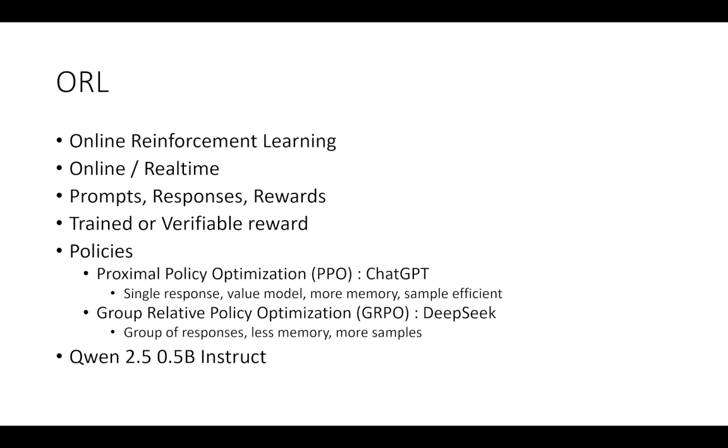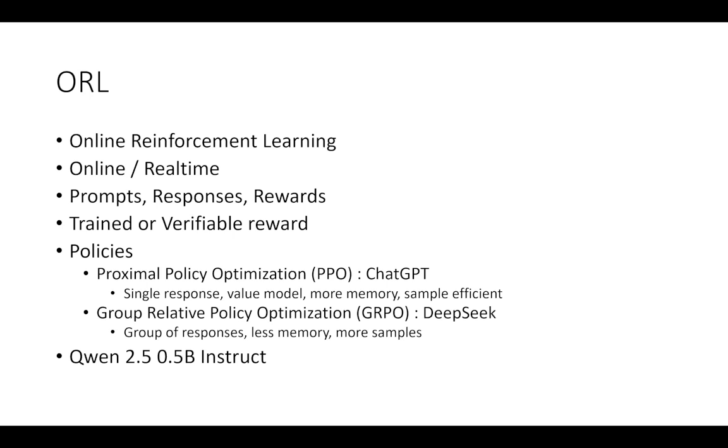There are two types of policies. One is called proximal policy optimization (PPO), which was originally used in ChatGPT. It has a single response and a value model. Because of the value model, it requires more memory, but it is sample efficient. Now DeepSeek came up with a different policy called GRPO, group relative policy optimization.